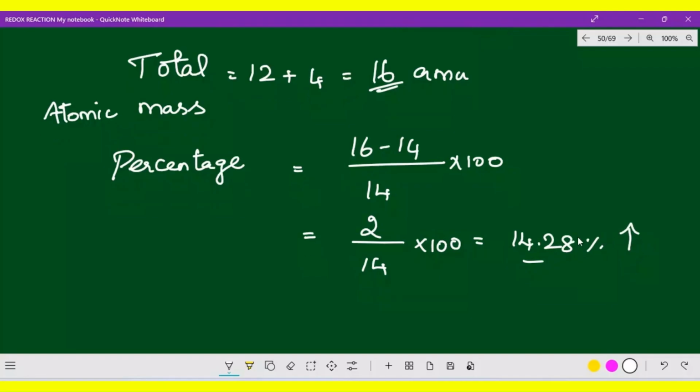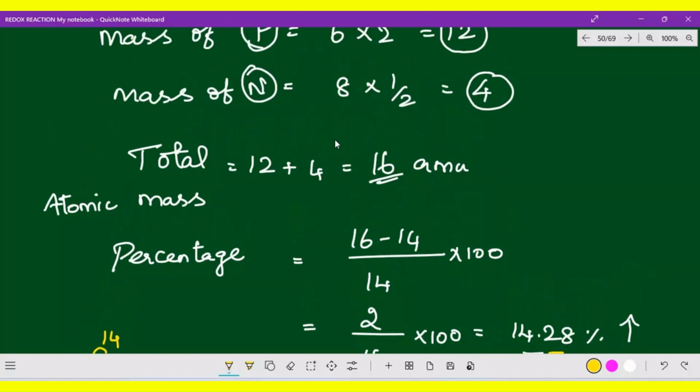The atomic mass was 6 carbon 14 only. The question has given that the mass of neutron is half of its original value and the mass of proton is twice its original value. So what is the atomic mass, is it increasing or decreasing? Naturally it is increasing, because the atomic mass is now 16.